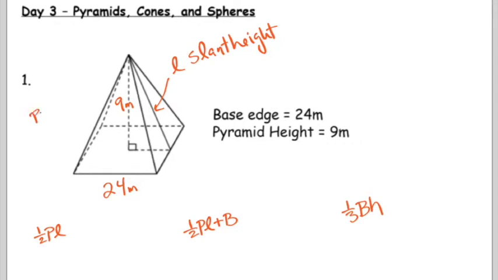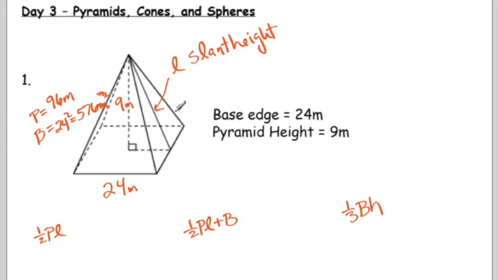Since it's a square base and each side is 24, we have 4 times 24 is 96 meters for the perimeter of the base. And to get the area of the base, it's 24 times 24, which is 576 meters squared.